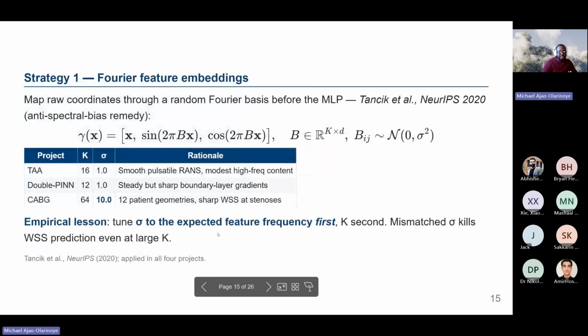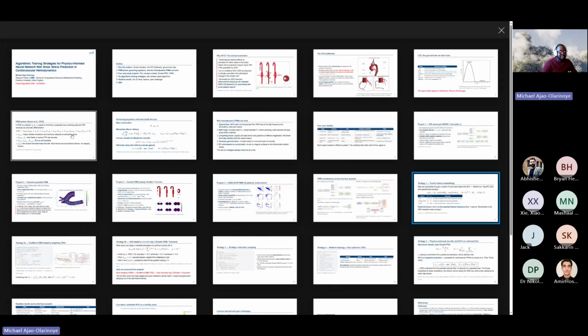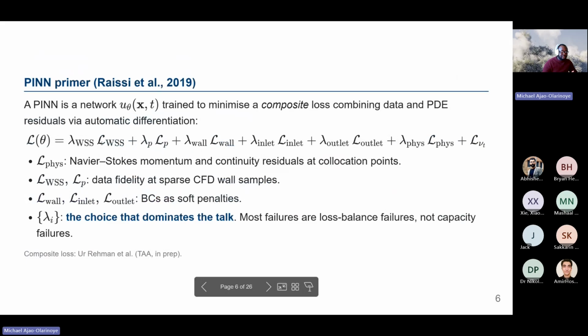So the loss weight for the wall shear stress, the pressure, the inlet, the outlet, the physics, each of those specific loss weights, we made the neural network itself learn and adapt to per every epoch.